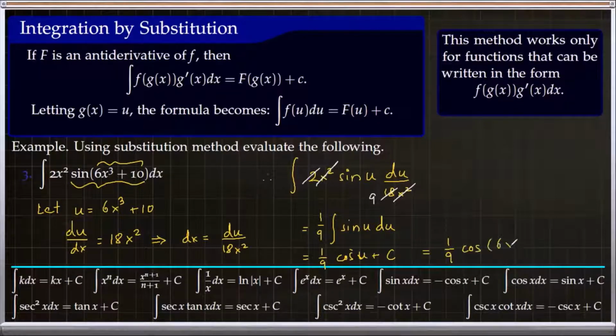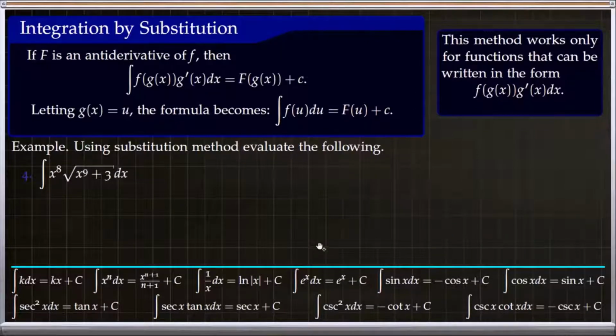So we'll get cosine of 6x^3 + 10 plus constant. This is the integral of this function, 2x^2 sin(6x^3 + 10). So let's look at the next example.